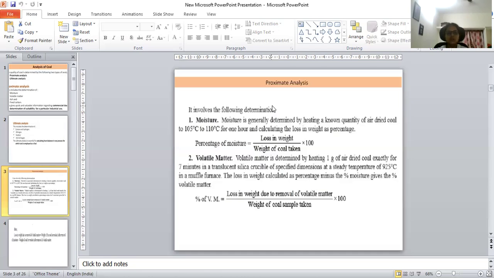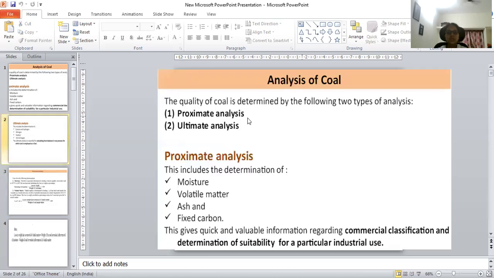To analyze the coal, we can take two types of analysis. One is proximate analysis, the second one is ultimate analysis. The proximate analysis records the moisture content, volatile matter, ash content, and fixed carbon which is present in the coal.